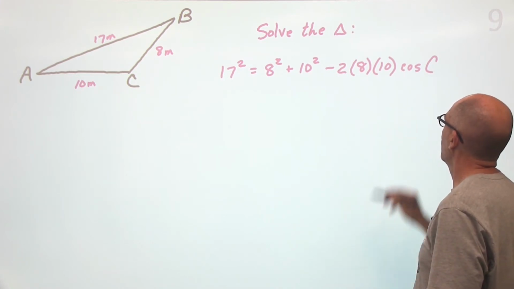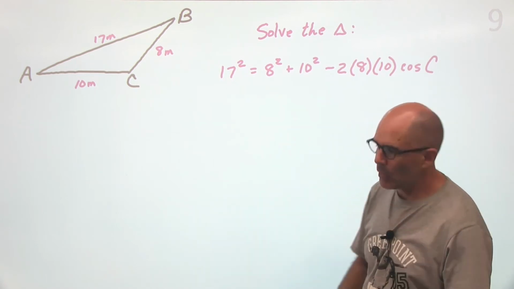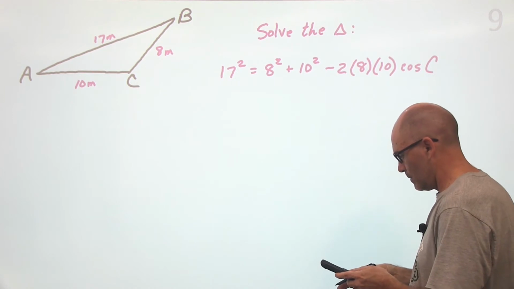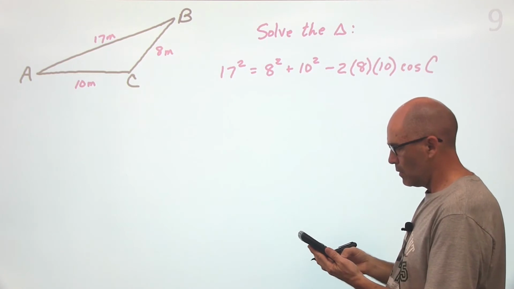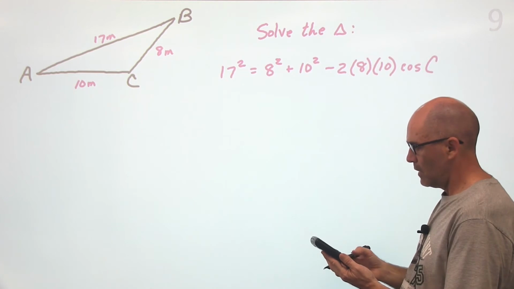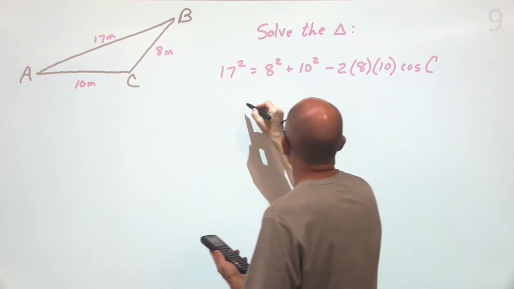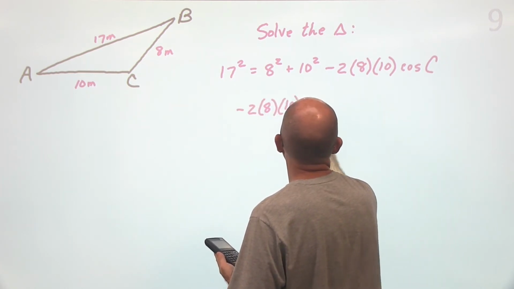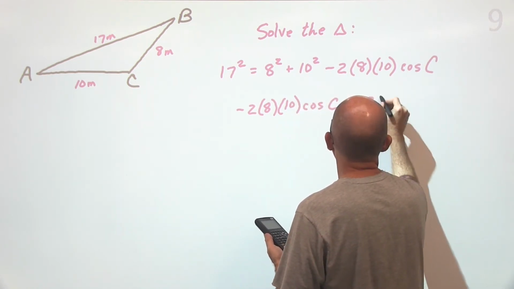Now I just solve for cosine C. So what I'm going to do is start with 17 squared, which we know is 289. And then subtract 64, subtract 100. Now what I basically have is negative 2 times 8 times 10 times cosine C equals 125.